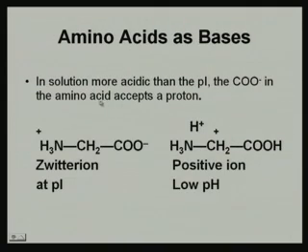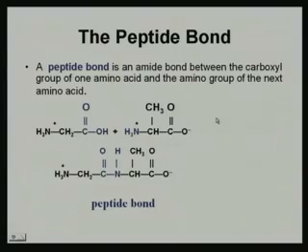Similarly, when the solution is more acidic than the pI, the COO minus, that carboxyl group in the amino acid, accepts a proton, and it becomes NH3, CH2 and COOH. This is the behavioral property of amino acids.